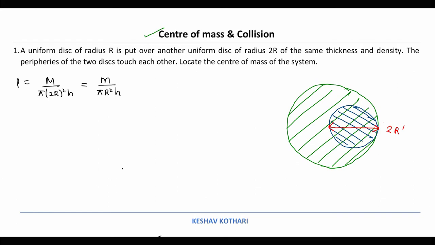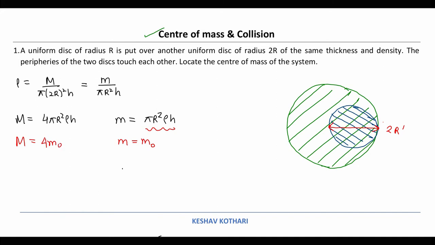So if we write it in this term, capital M is equal to 4 pi r square rho h, and small m is equal to pi r square rho h. Where we are considering that this expression is equal to m naught. So I can say m is equal to m naught, and capital M is equal to 4 m naught.